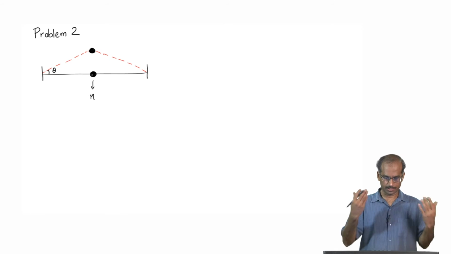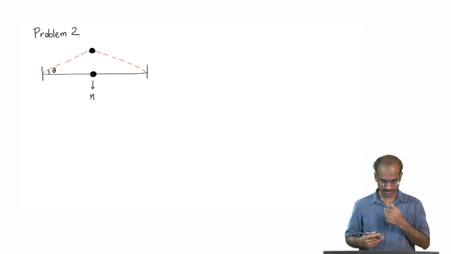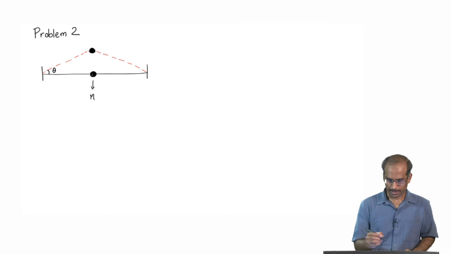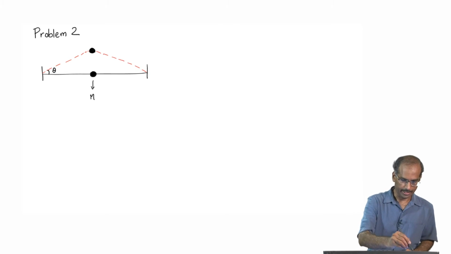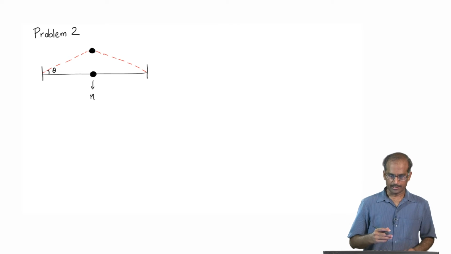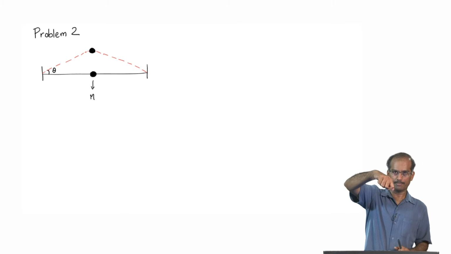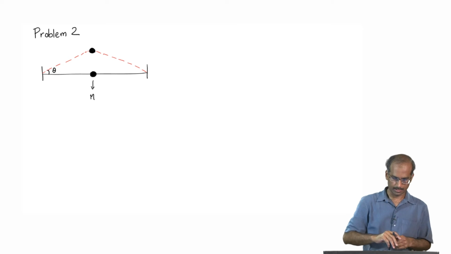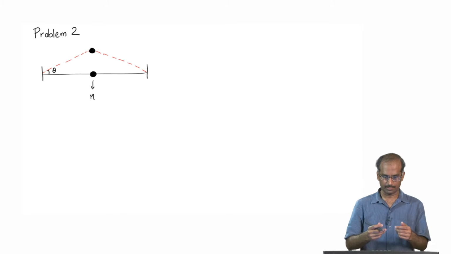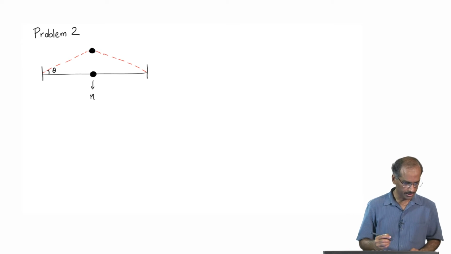So, the entire oscillation is in one dimension in that sense. And of course, we have already taken m to be the mass of this block, and let us say that I am going to pull it up and leave it, and theta is the angle at which I am going to leave it.